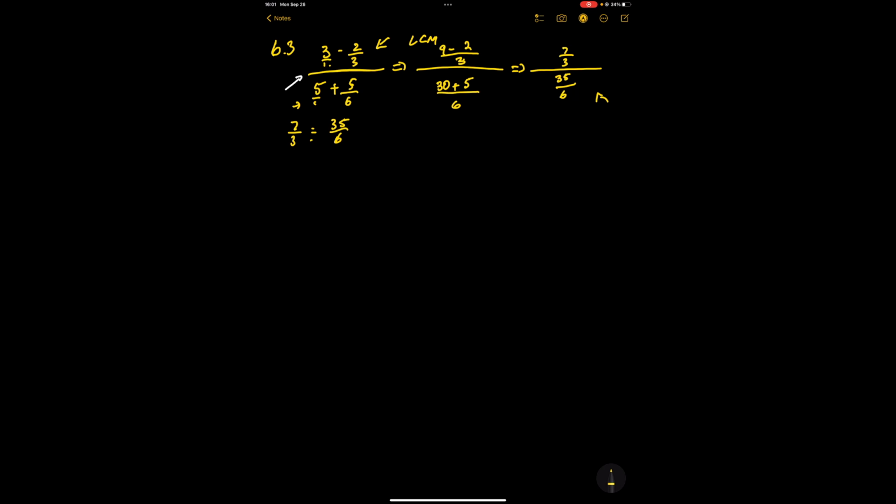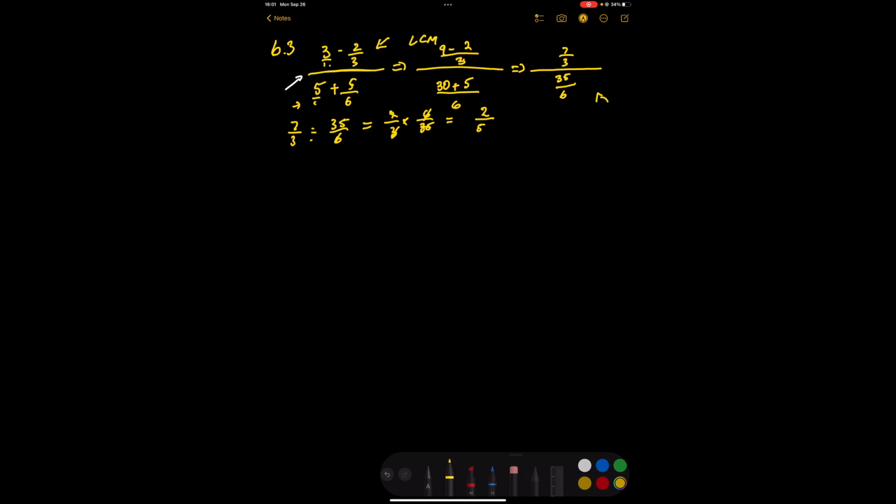So that means it would be 7/3 times the reciprocal of 35/6, which is 6 over 35. Now we can simplify because it's much easier. 6 and 3 gives 2, and 7 and 35 gives 5. Therefore, the answer for this complex fraction is 2/5. And that's it.